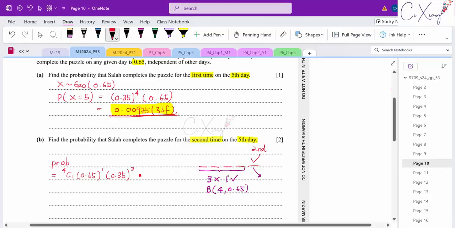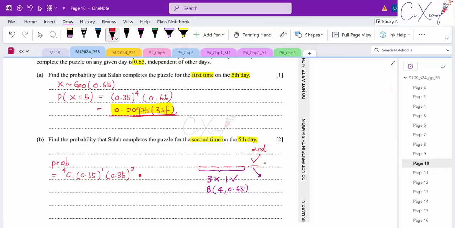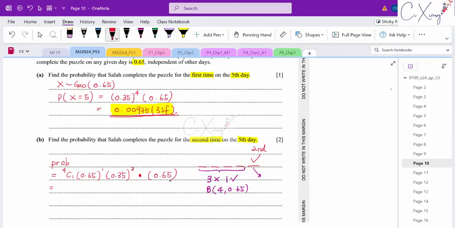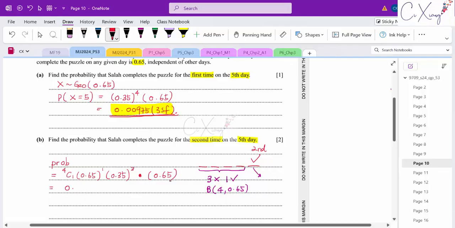After that, I multiply by the probability of the 5th day. The 5th day is confirmed to be the success trial, the day that completes the puzzle, so it will be 0.65. Again, this one is for the first 4 days, and this one is for the 5th day. When you simplify them, you should have 0.0725, correct to 3 significant figures.